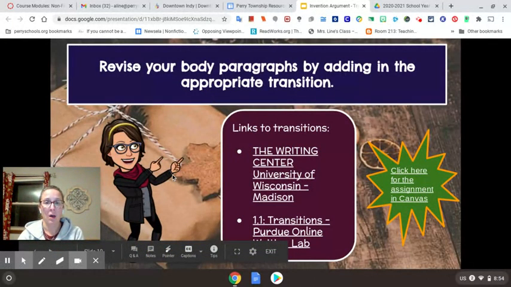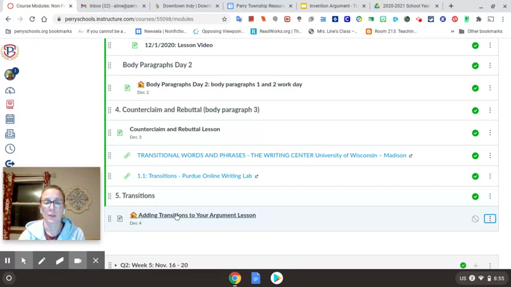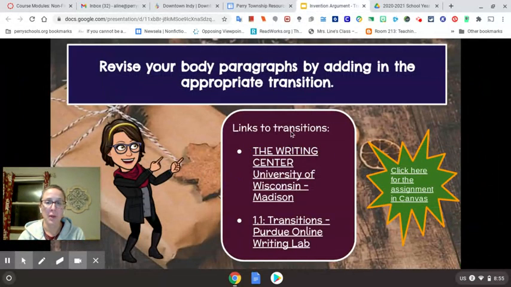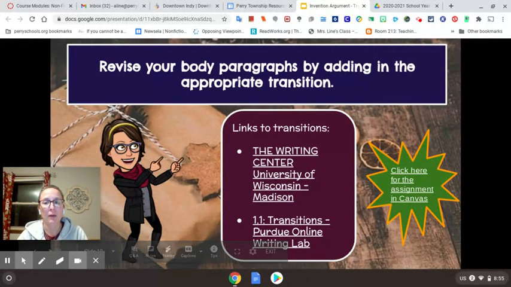You can obviously go into Canvas again in our module. You click here and it's going to take you to this lesson. You should be here anyway. This is where you got the video, but go there as well. And also you've got the link to the assignment in Canvas. All right, so again, your assignment is revising your body paragraphs by adding in the appropriate transitions.